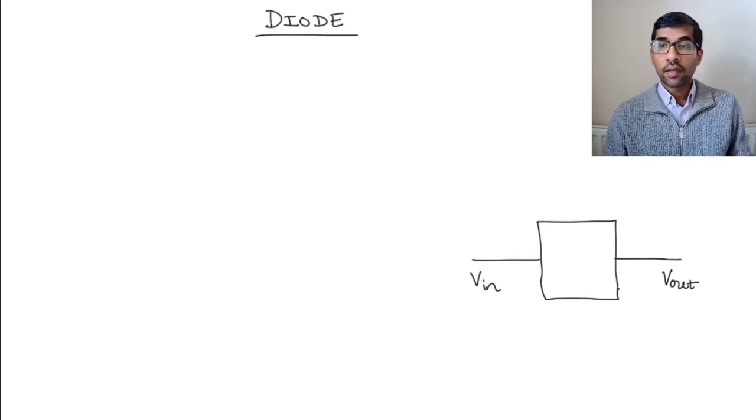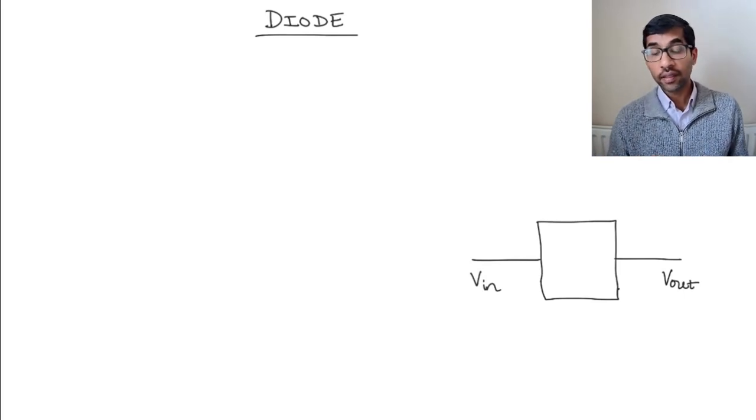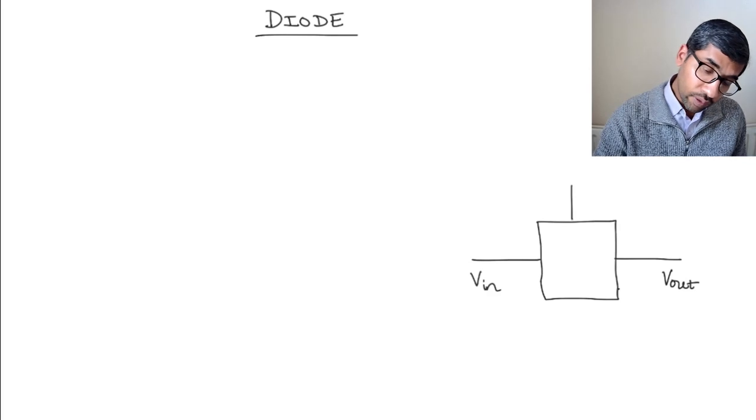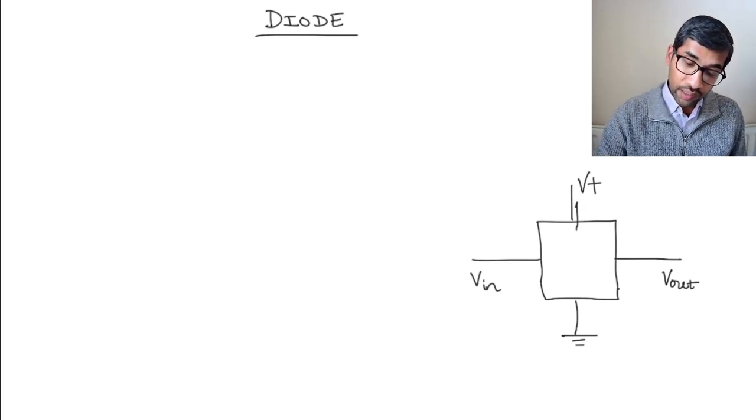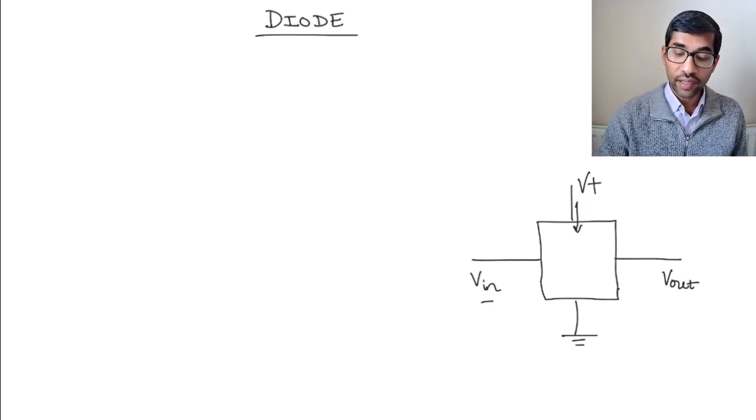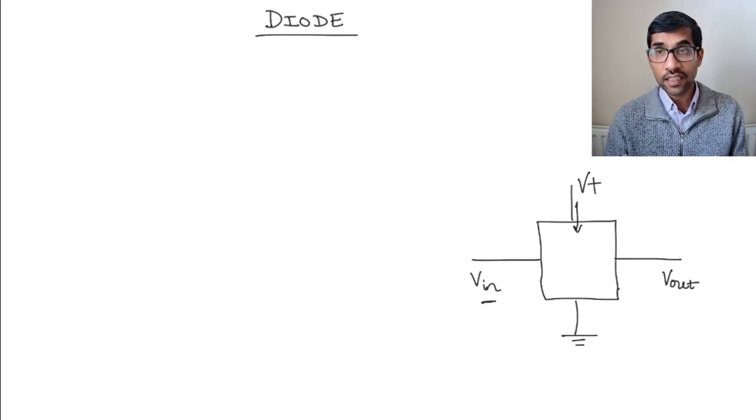But V out can be bigger than V in. How is that possible? That is possible because the op amp takes a power supply, right? So it takes a power supply, and let's say this is connected to ground, and it draws power from here so that it can amplify this V in or change this V in and give us V out.